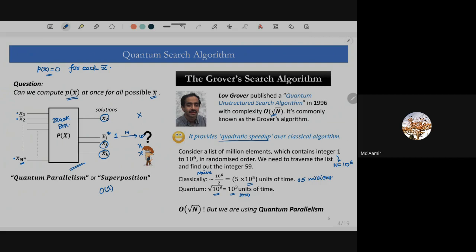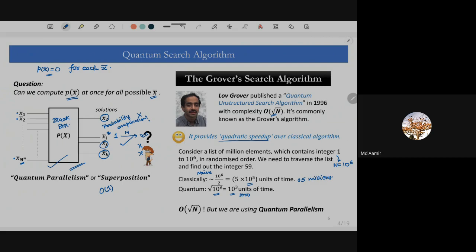So if we want to access that, we have to somehow increase the probability of observing it, and then when we perform the measurement, we'll get only the x i bar. That brings the exponential speed up down to the quadratic speed up, and we'll see how we do this process. This one is actually known as probability amplification.